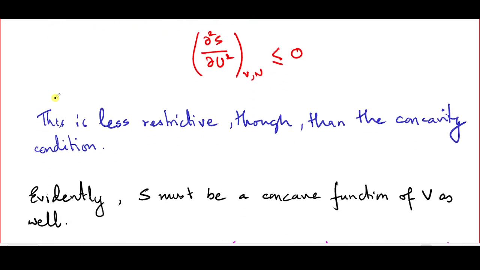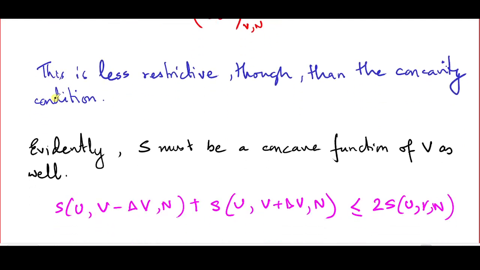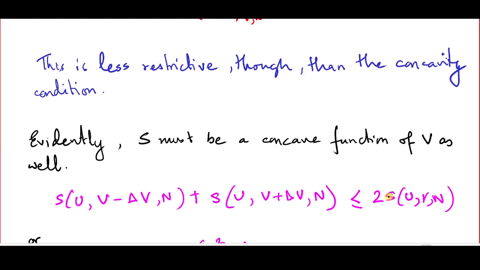You must have S of U at V minus delta V comma N plus S of U at V plus delta V comma N being less than or equal to twice S of U, V, N. And in fact, a similar thing would also happen with N. Now, if, for example, S were a convex function of V, what would happen is volume decreasing in one part of the system and increasing in another spontaneously would actually be favored, because that would lead to higher entropy. That is not supposed to happen.